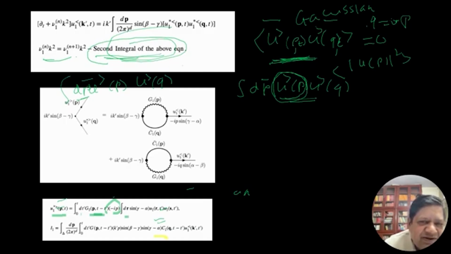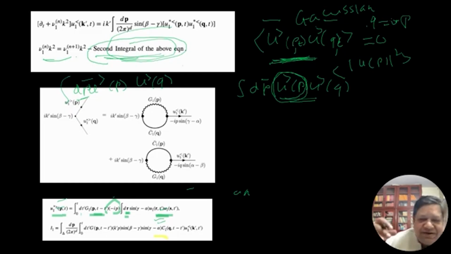This is what is there in front, and we have U1 R and U S. Okay, so this is the convolution part. I have missed out this 2 pi to the power d here. This should be there.